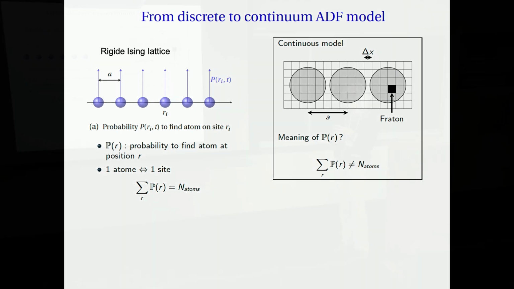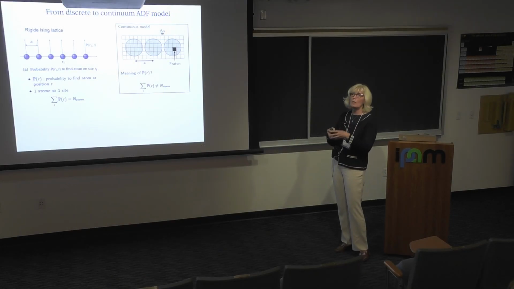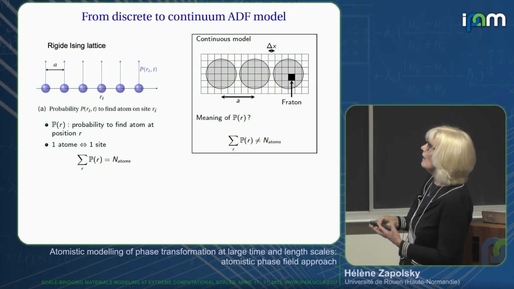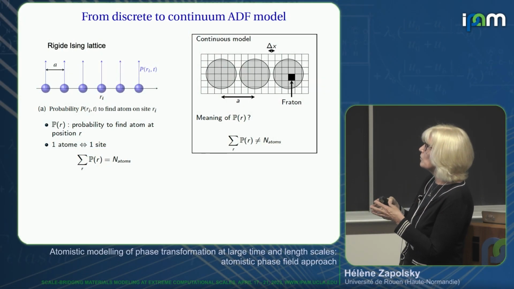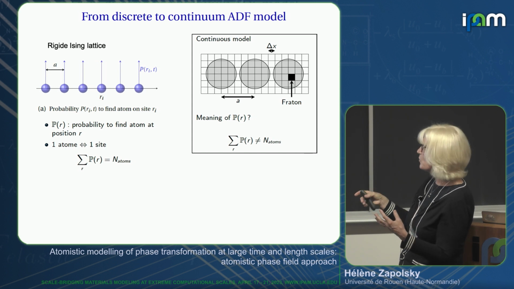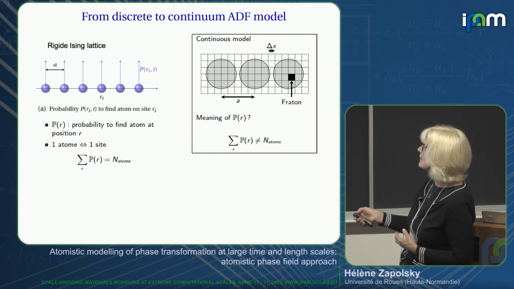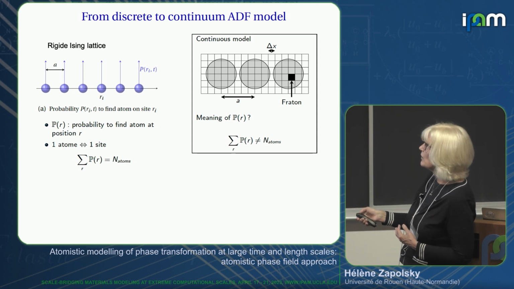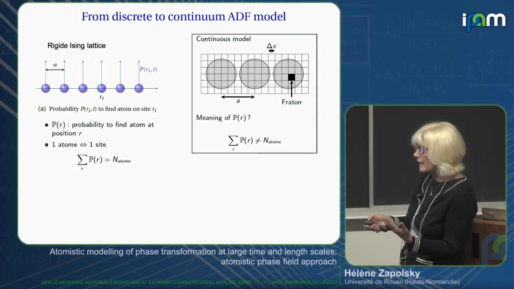So the concentration now is not just the sum of the probability, it's the number of meshes which are inside of all atoms. It means, for example, here we have some number of atoms. If I would like to create 5 atoms, I should multiply the number of simulation grid points inside the sphere by the number of atoms, and this is my initial density.